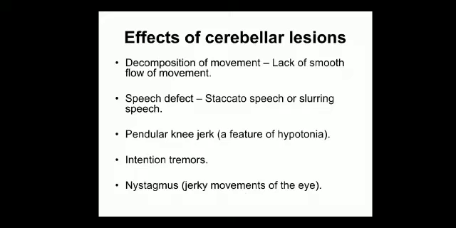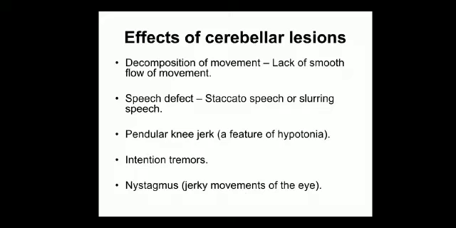They can't perform the movements smoothly. For example, if they want to reach for an object, their movements are jerky and accompanied by oscillating to and fro tremors that become more marked as the hand approaches the object.